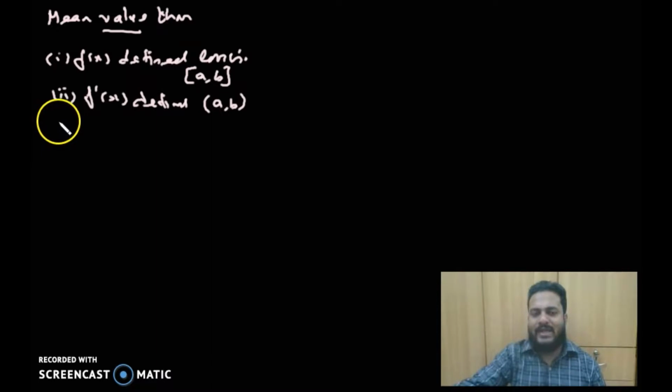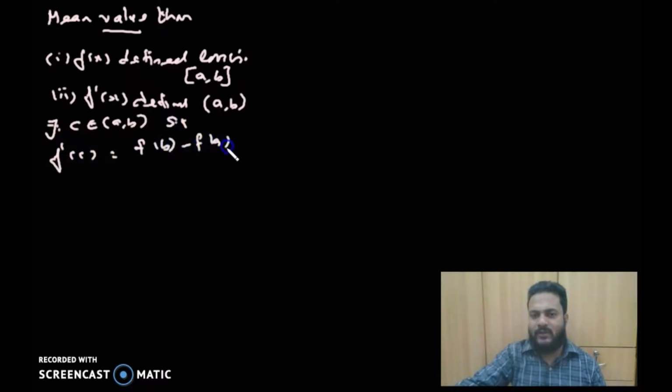Then there exists at least one point c belonging to the open interval a comma b, such that f dash of c is equal to f of b minus f of a divided by b minus a. This is the rule of the mean value theorem.